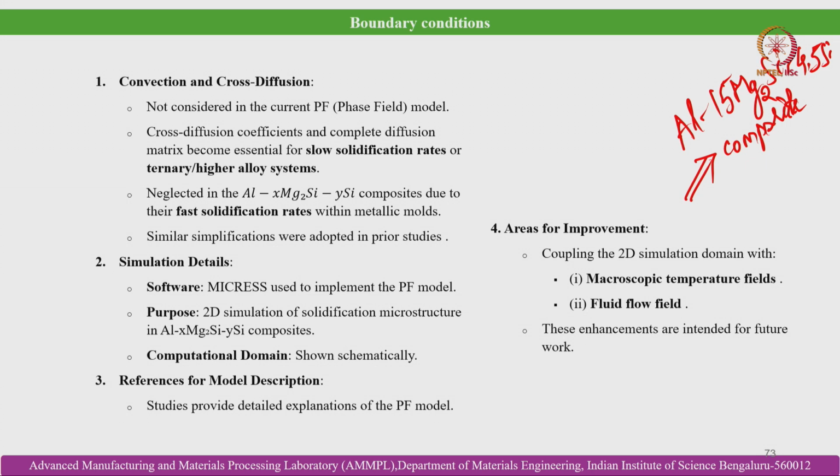And then references for model description. Studies provide detailed explanations of the PF model. The areas for further improvement of the developed models are coupling the 2D simulation with macroscopic temperature fields and also the fluid flow field. So, these are future improvements that are possible.